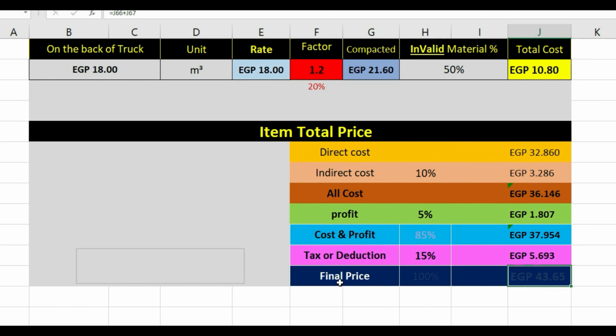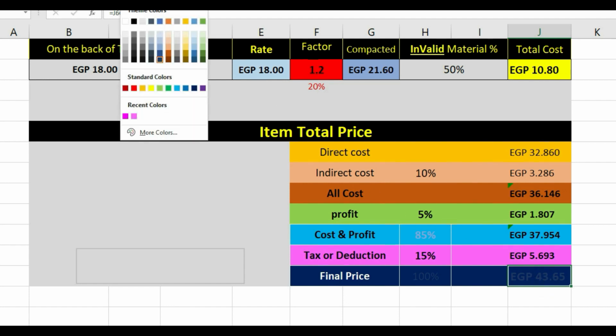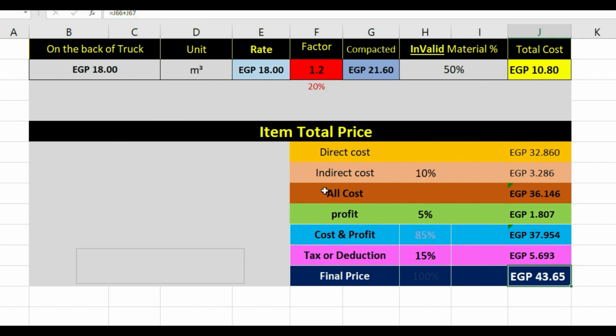The final price in this case will equal 43.65. Let's check. Cost and profit plus deduction. This is the final price, 43.65.